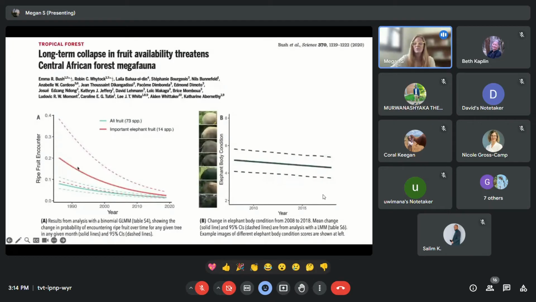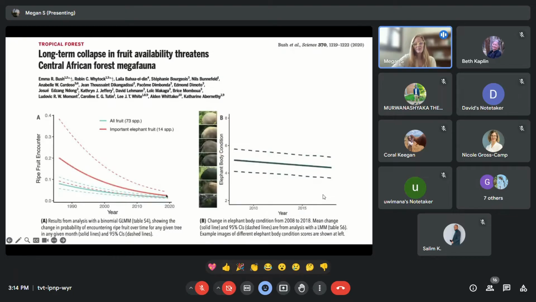And even more interestingly, when they focused on the super fleshy, really large fruit that is targeted in elephant diets, that fruit had an even more precipitous decline. So looking at this red line here on the graph.